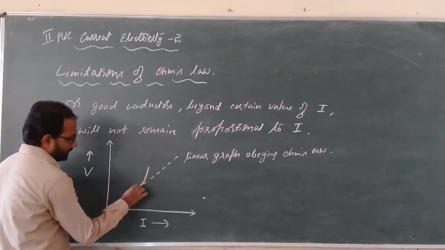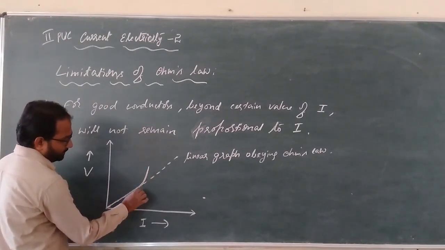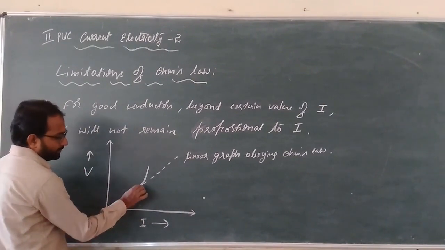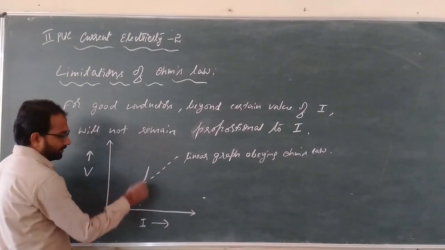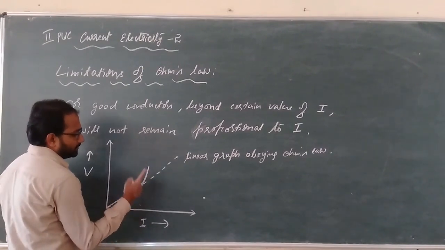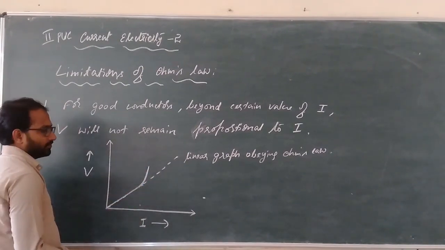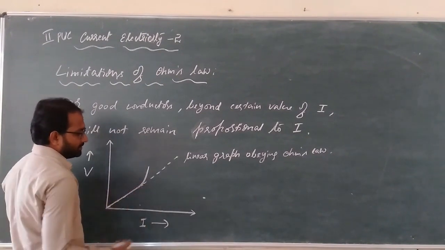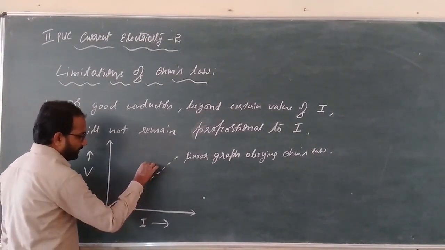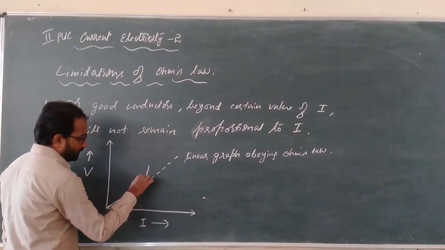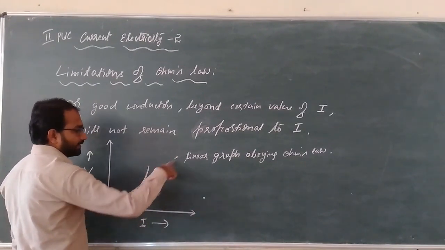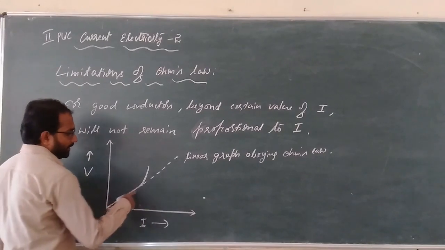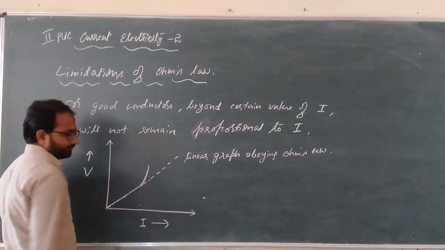So beyond a certain value of current, say for example in this particular graph, say from here, if you increase the current further, due to the heating effect produced in the conductor, its resistance changes. So V, the voltage, will not remain proportional to I. So the graph deviates from its actual behavior, I mean the ideal graph.